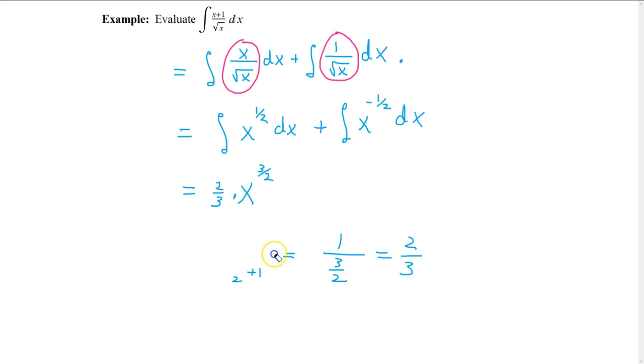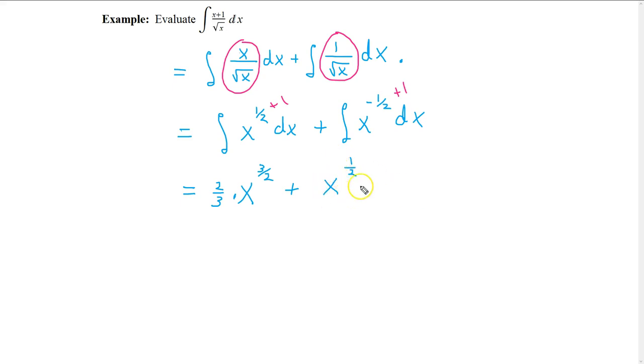Now let's finish off the other term. Now plus, what's an antiderivative for x to the negative 1/2? Well, if we add 1 to this exponent, just like we did over here, we're going to get x to the positive 1/2 power.